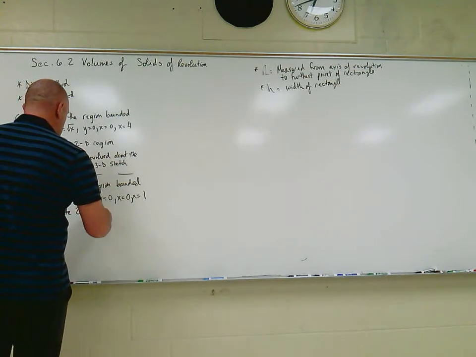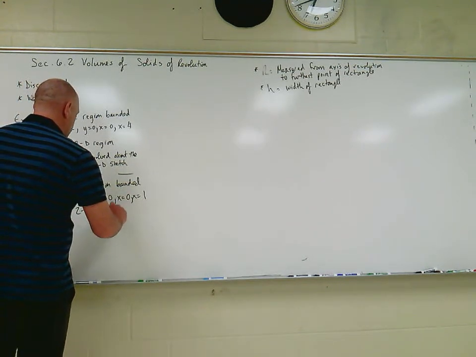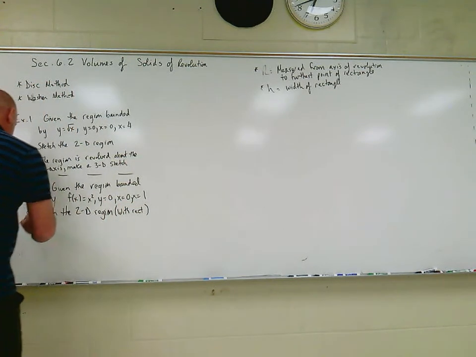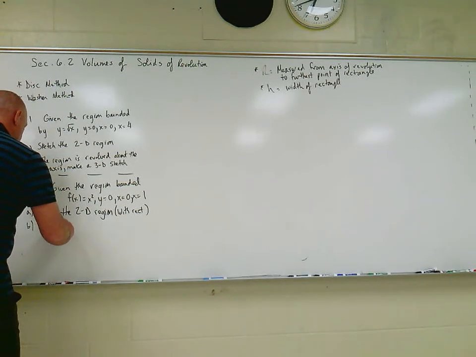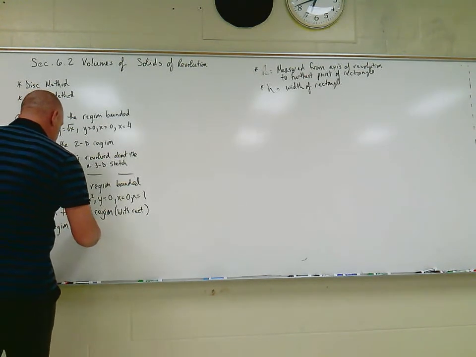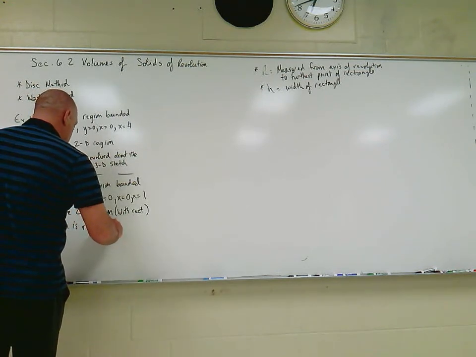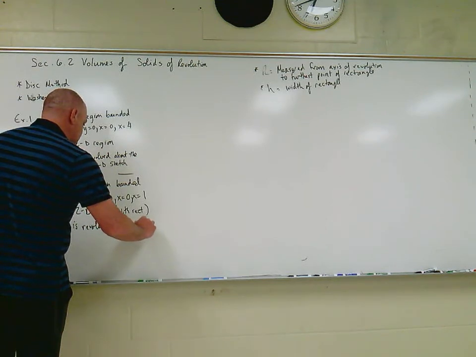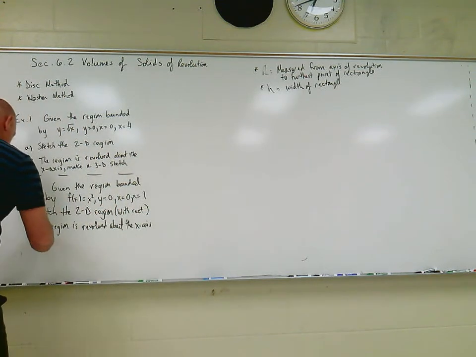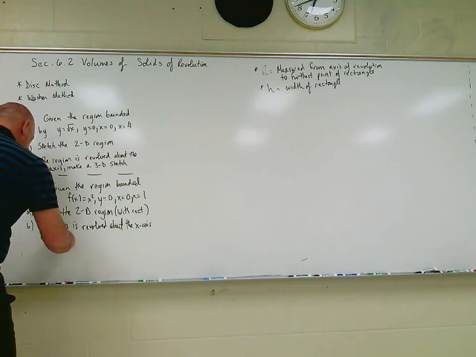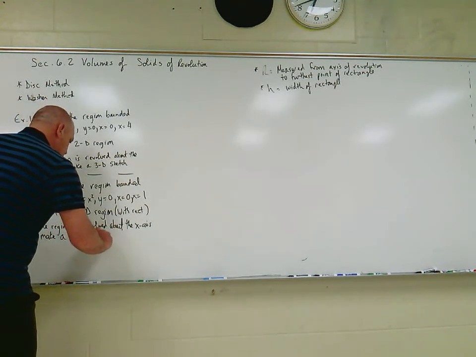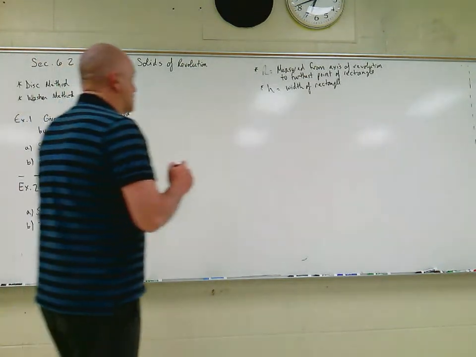So you're going to always want to make 2D regions, and with your rectangle, put a rectangle in there. All right. Part B, the region is revolved about the x-axis. Make a 3D sketch. All right. And I'm going to also make this note.